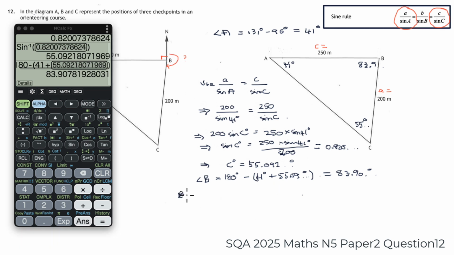So the bearing of C from B is equal to 360 degrees, and we'll subtract the sum of 90 and this 83.9.